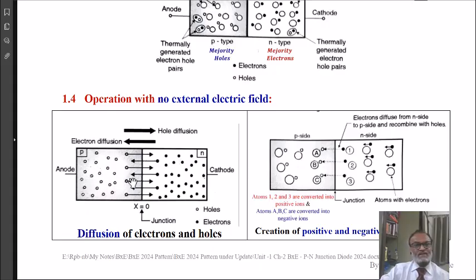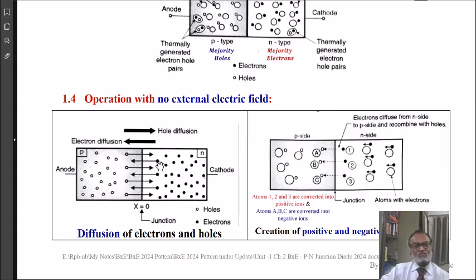Now, due to density gradient, on p side there is a large density of positive charge particles, and on n side there is a large density of negative particles, and therefore due to the density gradient the electrons move from n side to p side, crossing the junction.